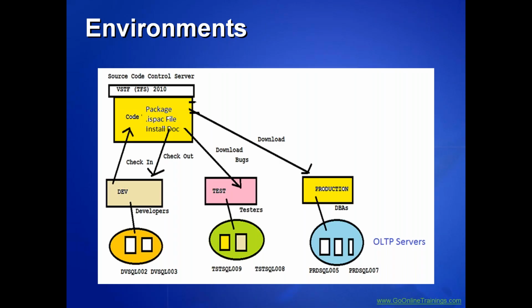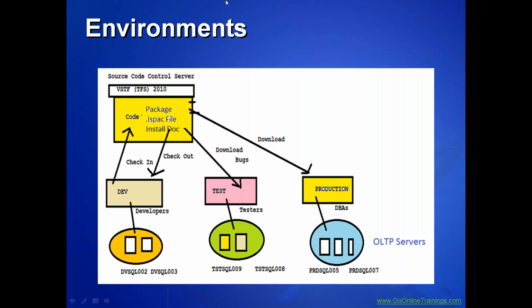So when you create SSIS packages and everything, a developer knows how to install the packages and how to deploy, but the testing team and DBA team do not know about it, right? So as a developer, you have to write your code as well as create one deployment document. Clear?